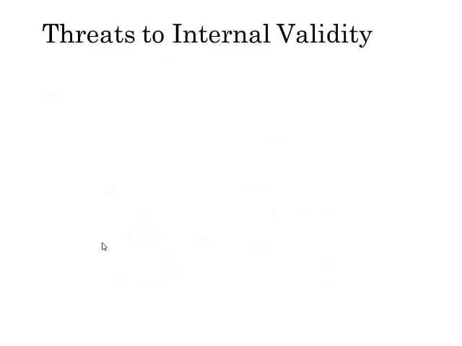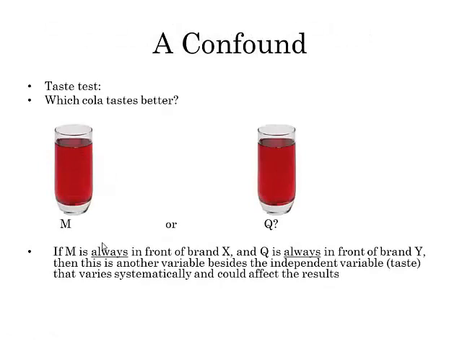And it turns out that the reason this is an issue is that it's possible that people would prefer the letter M to the letter Q. And so it could have been that people just liked M better than Q. And you have no way of knowing whether that was the case, because the researchers didn't mix those up. So a systematically varying alternative variable got in the mix, and so it's impossible to say whether the results were due to the taste of the cola or the preference for the letter M.